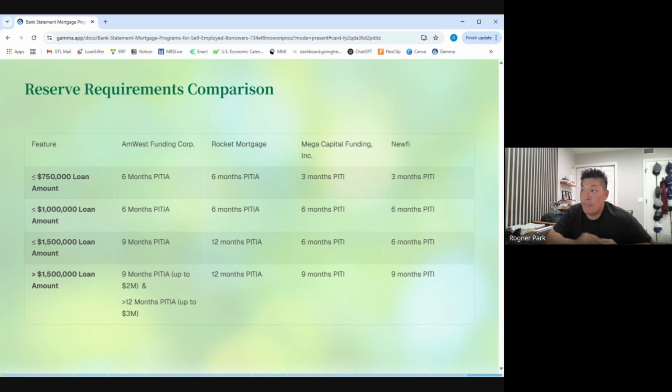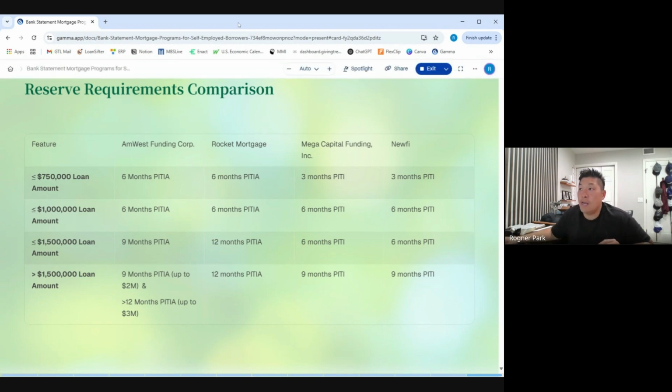Okay. Another one that I didn't include, but it came up after the fact, is NMSI. I'll bring it up real quick because I want to show you. NMSI is actually also very aggressive in their matrix.